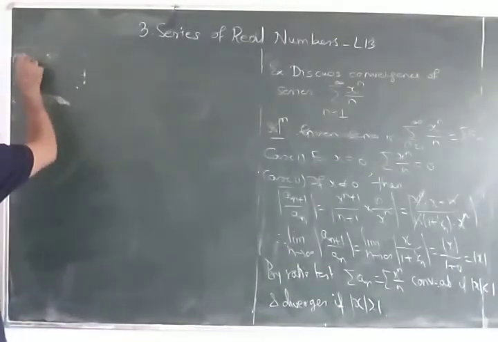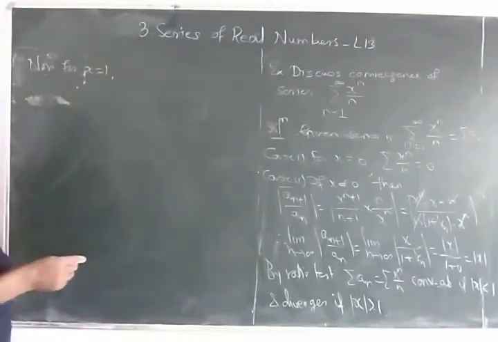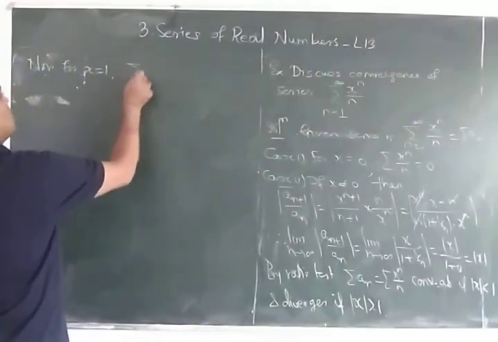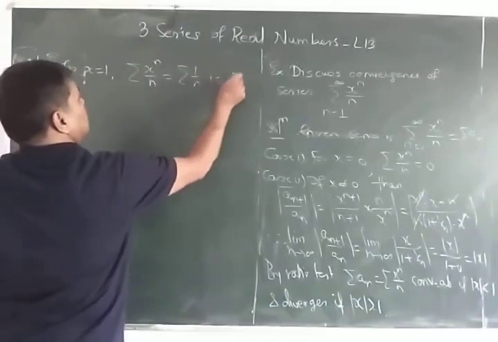Now for x equal to 1, summation of x raised to n upon n is equal to summation of 1 by n, which is divergent.